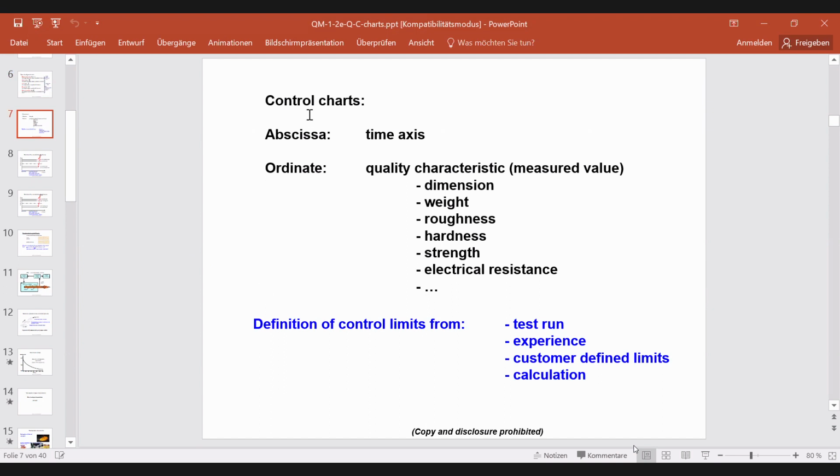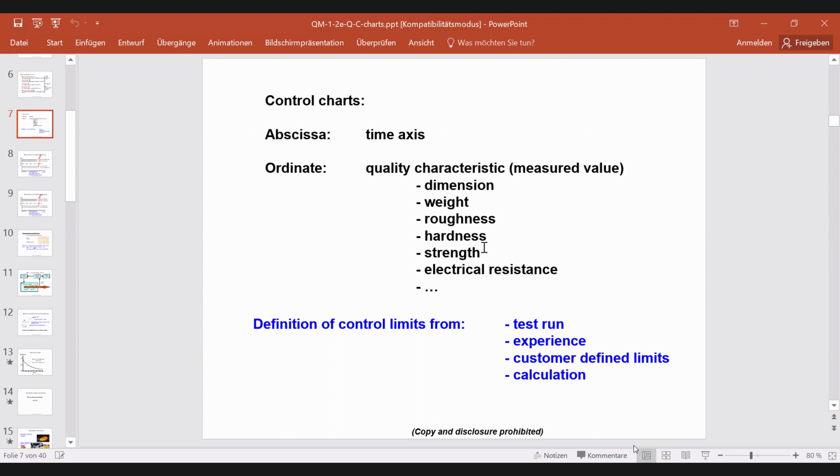On the ordinate of the quality control chart, we have the quality characteristic. This is the measured value. So every control chart is only for one quality characteristic. This can be a dimension. This can be the weight of the part or the product. It can be a roughness, maybe a roughness in a sealing area.